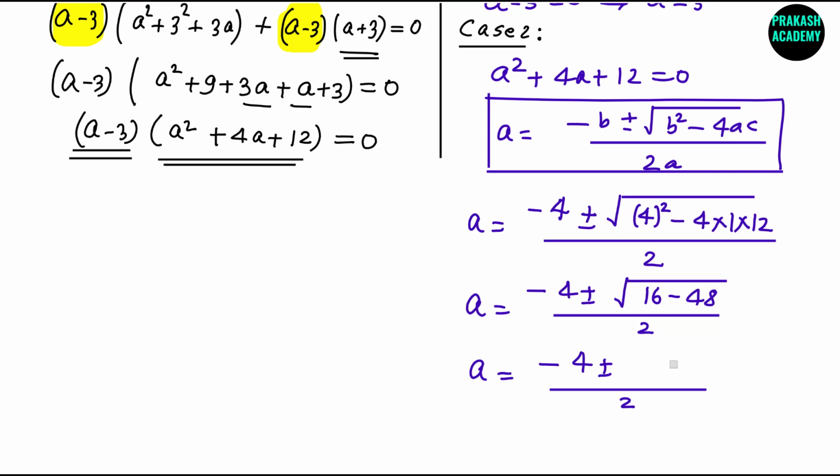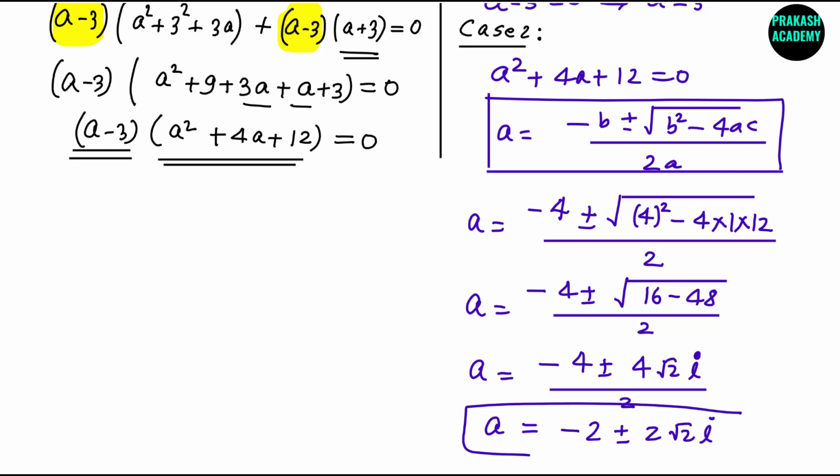So this means I can write 4 root 2 and root over minus 1, and root over minus 1 is a complex number. It is written as i. So now if I divide by 2, I will have a is equals to minus 4 divided by 2, that is minus 2, plus minus 2 root 2 i. So these two roots are imaginary, that is, these two roots are not real.